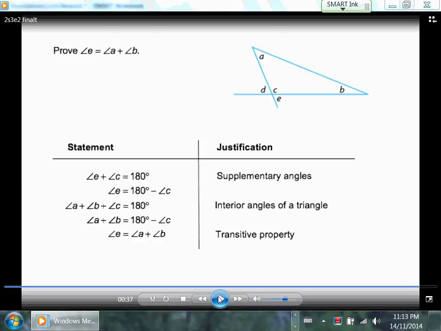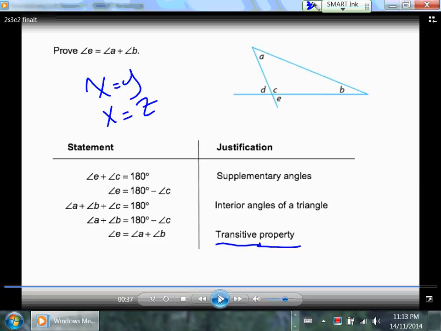Pause for the cause here. We see this word, transitive property. What does that mean? Well, transitive means that, let's say that x is equal to y and x is equal to z.